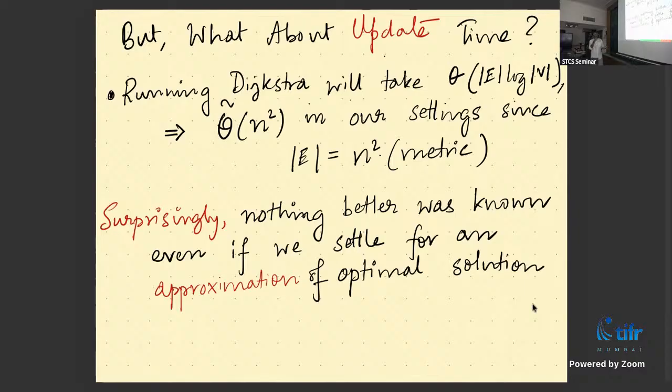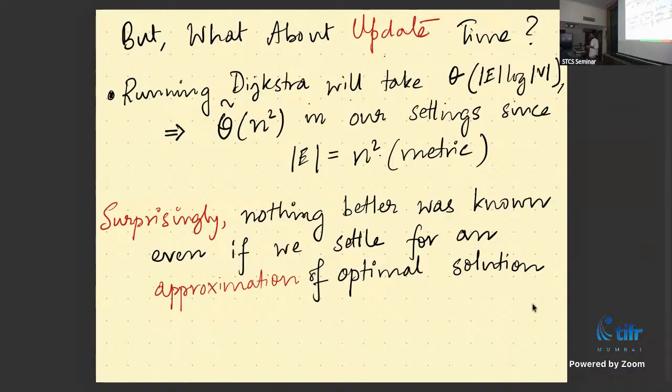Now, the question one can ask is, can we have an algorithm that maintains a good matching, but is subquadratic in the number of vertices, and more importantly, sublinear in the size of the graph? Here size of the graph really means n square. So can it be sublinear in the number of edges?